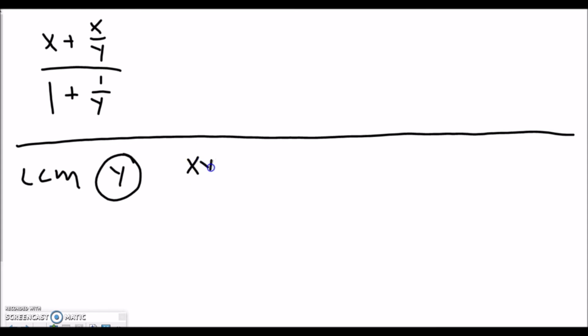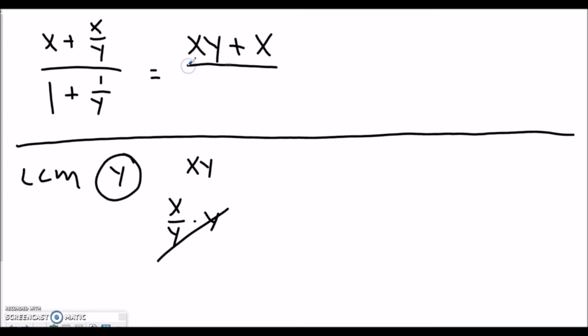So that means x times y, which is just xy. That means x over y times y. The y's cancel. That leaves me with an x. On the bottom, 1 times y, well, that's just y. And 1 over y times y, that's just 1.